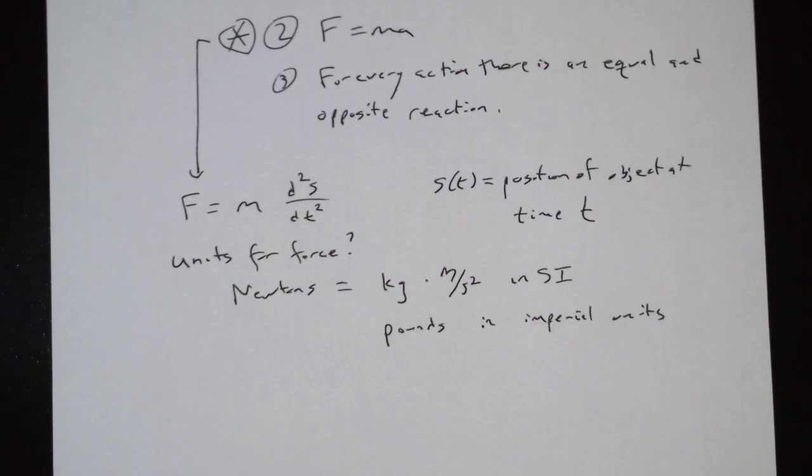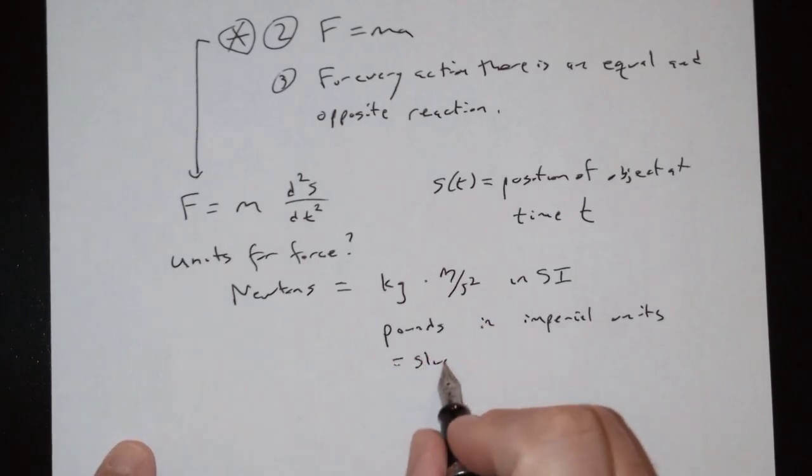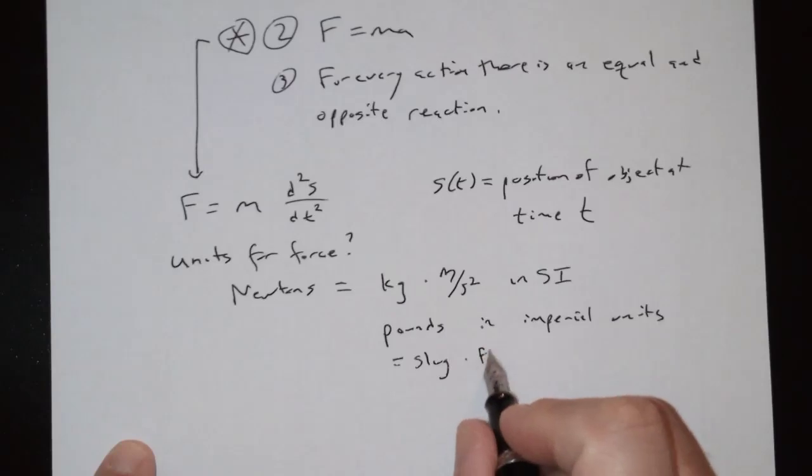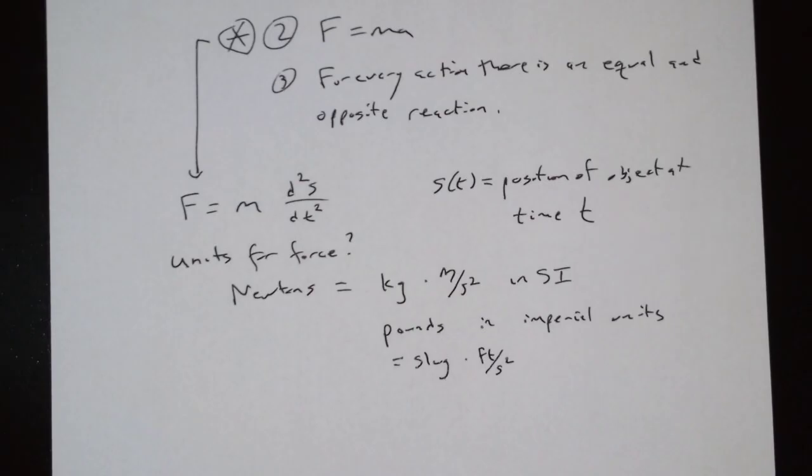In the imperial system, there is a unit of mass, not force, that would do something like this. A pound is technically 1 slug times feet per second squared.